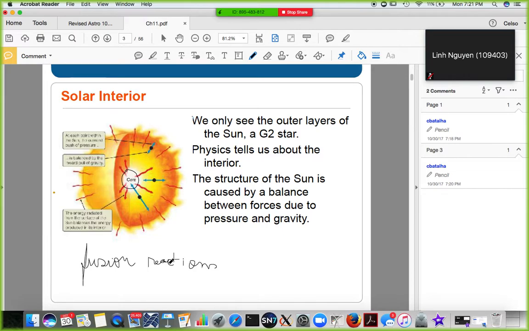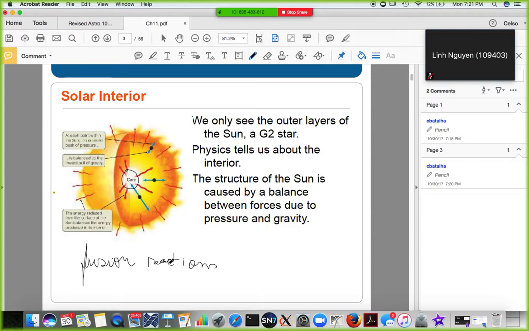It's called neutrinos, but it also produces gamma rays, produces energy. So gamma rays, as we saw in chapter 4, are electromagnetic radiation, are energy. So that energy produced in the core as a result of fusion reactions is the one that travels through the sun and keeps the sun stable.